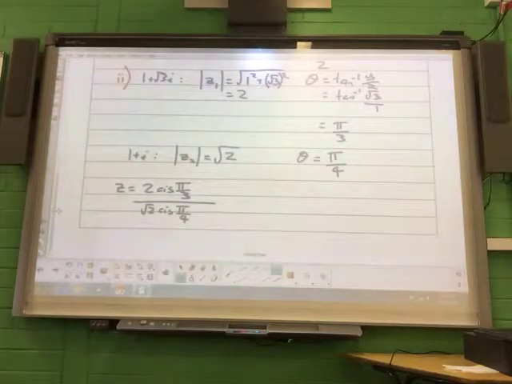Okay, we are doing division now. So when I do a division, I do the division of the modulus and a subtraction of the argument.